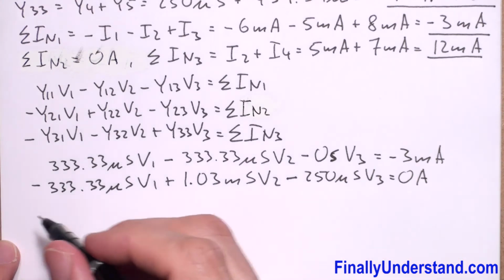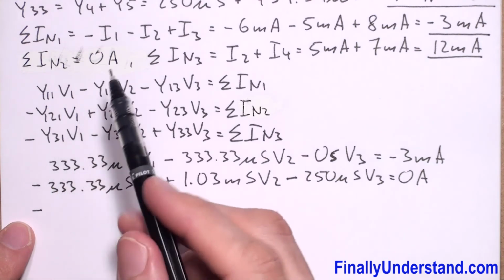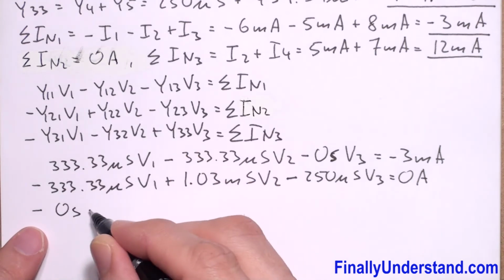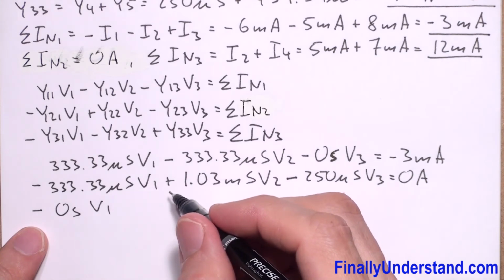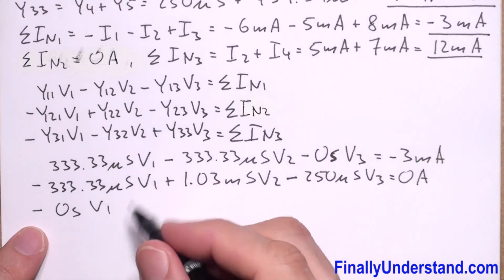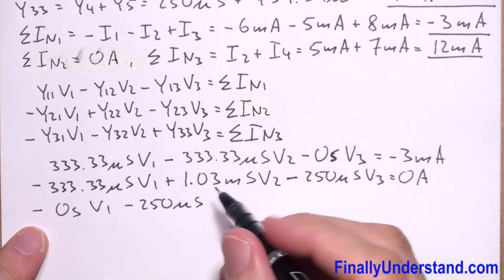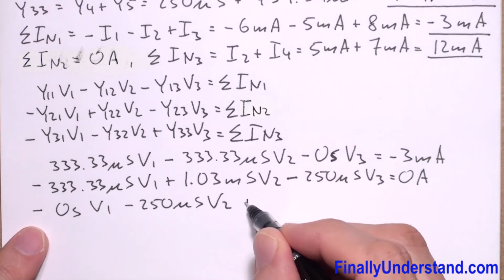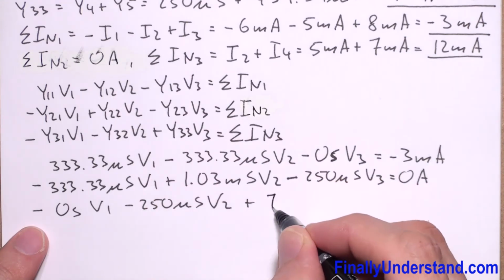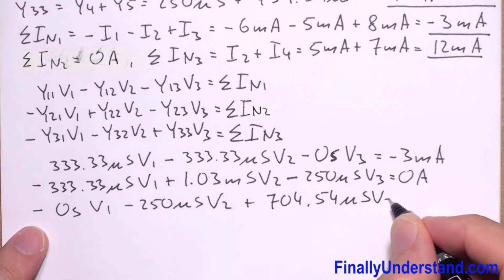Next we have negative Y31. Y31 is equal to 0 siemens, and this is my V1, and Y32 is equal to 250 microsiemens, so I have minus 250 microsiemens, and this is my V2, plus Y33, which is equal to 704.54 microsiemens, and this is V3.